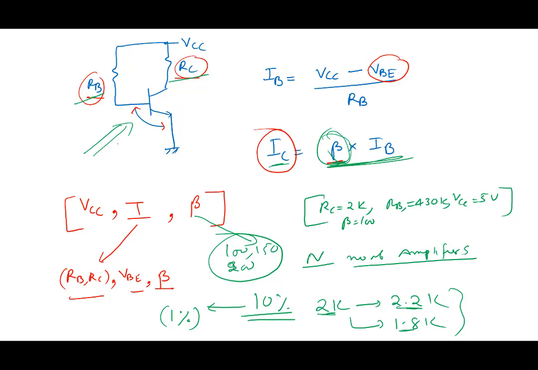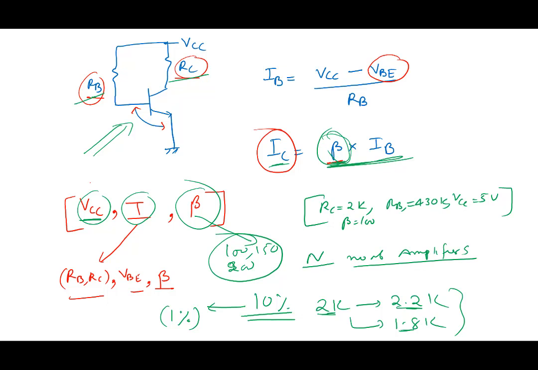So this is the problem of this particular circuit. When we say we want the bias point to be stable, yes, we want it to be stable against VCC. A change in VCC should not cause a change in IC. A change in temperature should not cause a change in this either. But even more serious than that is the change in beta.